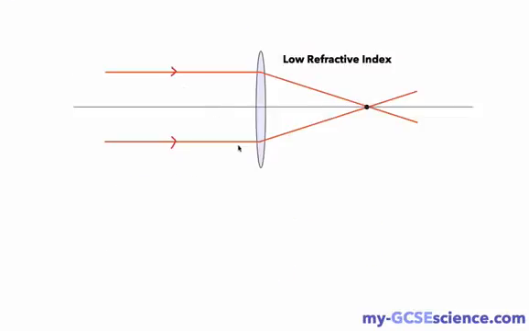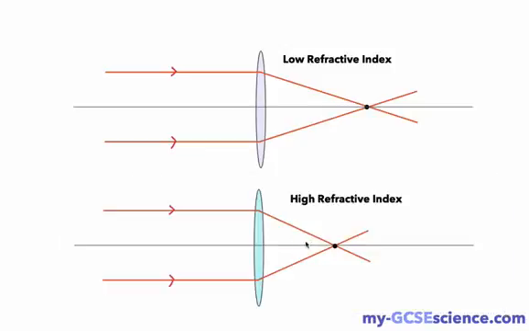Second factor is the actual refractive index of the material that we use. So we've got the same lens as previous. This has a low refractive index. If we change the material of the lens, so we now made the lens out of a different material with a high refractive index, you can see again the focal length has changed. It's become shorter simply because we've used a material with a higher refractive index.